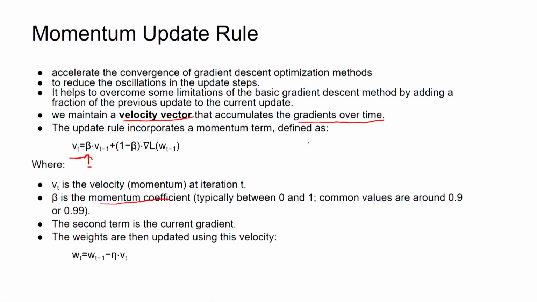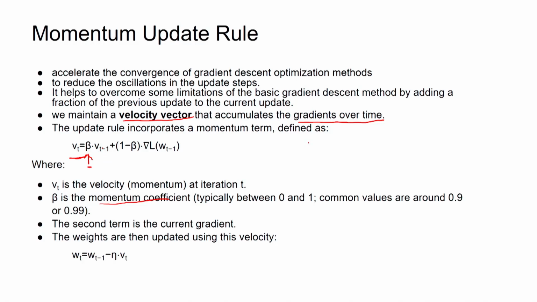So, you see here the gradient of the loss function is used, but we are using the previous velocity also, and this velocity depends on the gradient.